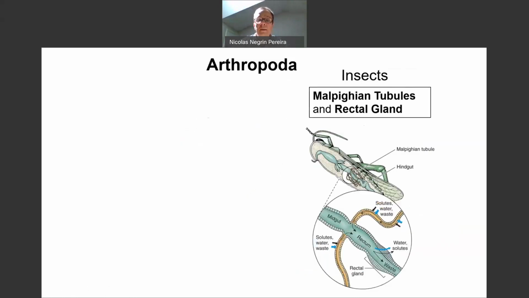But now, in the case of arthropods, they also present what we call Malpighian tubules and rectal glands.